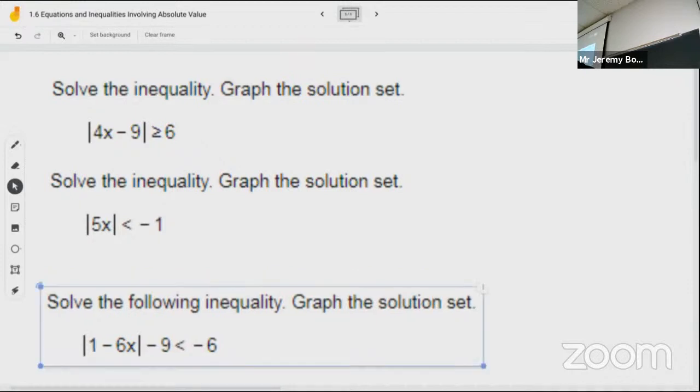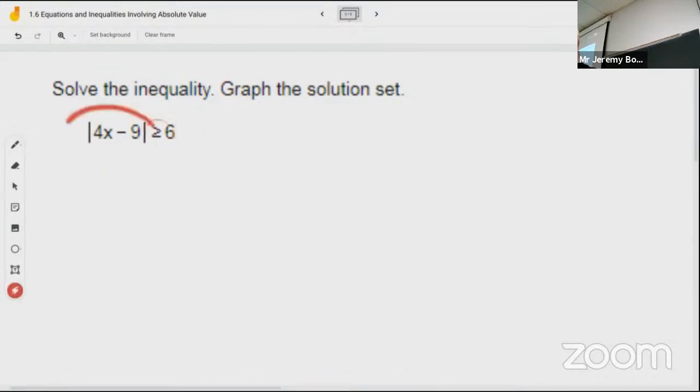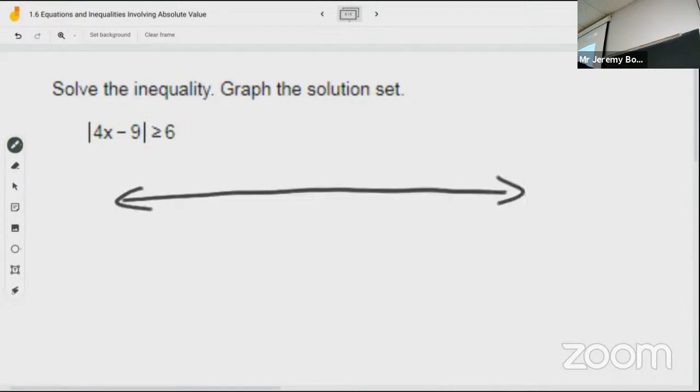So for that first one, notice that it is greater than 6. You've got the absolute value already isolated. So if it's greater than 6, that means it's further away from 0, 6 units. I didn't draw that to scale very well. And so that means it's going to be past 6 over here, and it could be equal to it, so we'll put a bracket.